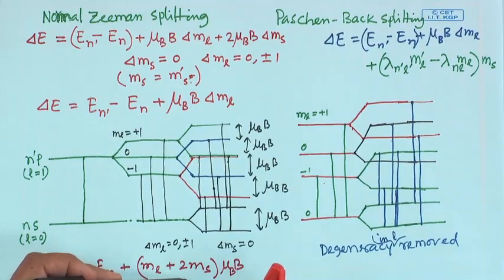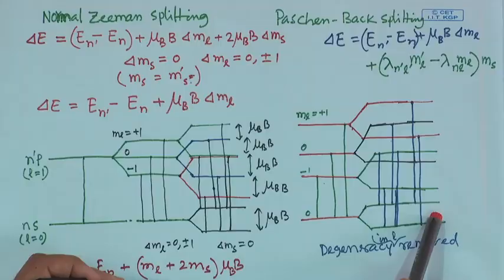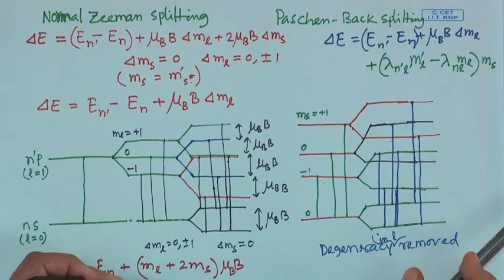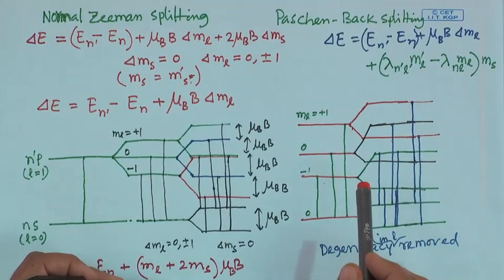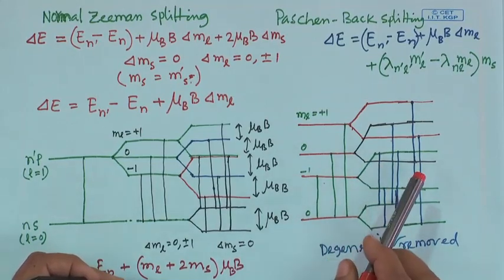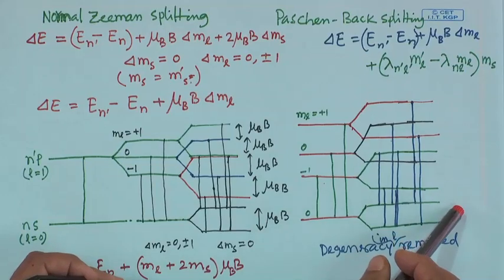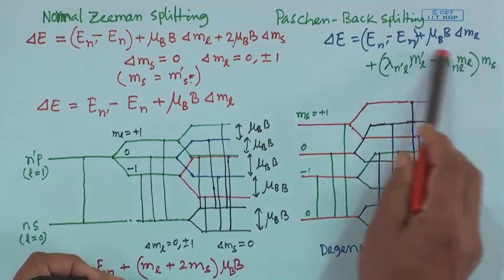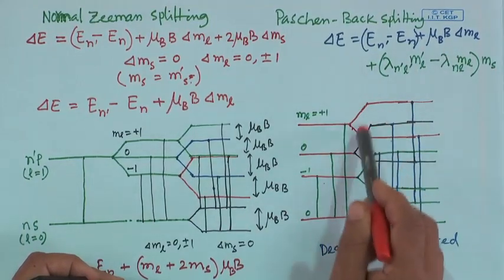So, the normal Zeeman effect is basically for a high magnetic field, where LS coupling is vanished or negligibly small compared to the magnetic interaction term. In the Paschen-Back effect this magnetic interaction term is higher, but the LS coupling term, though small, is comparable and close to the magnetic interaction term, and because of that we get this asymmetric splitting of the energy levels.